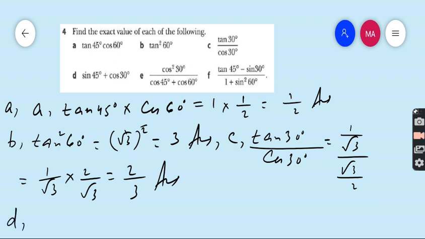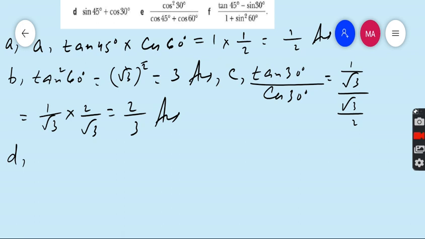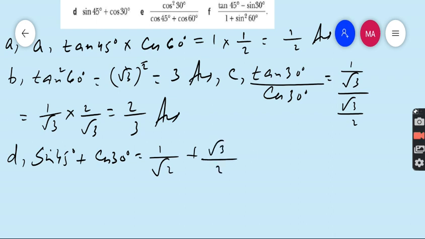Part D is sine 45 degree plus cos 30 degree. Sine 45 is 1 upon root 2 plus cos 30 degree is root 3 upon 2.